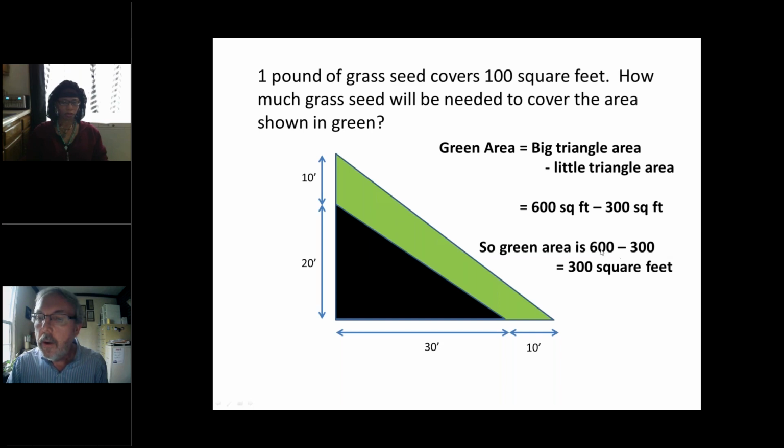Well, we have 300 square feet that we need seed for. 1 pound covers 100, so 2 pounds would cover 200. So 3 pounds would cover 300. So we would need 3 pounds of grass seed to plant this area.